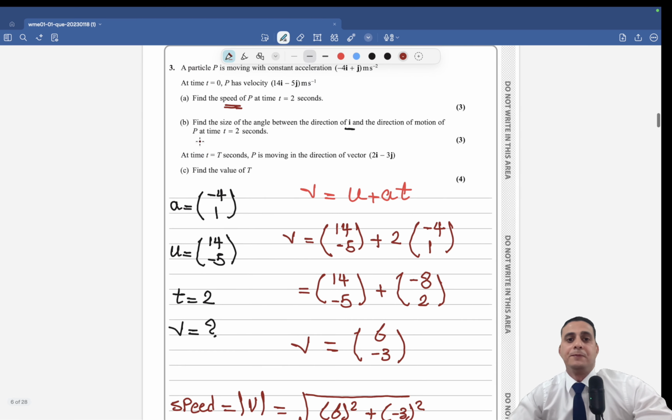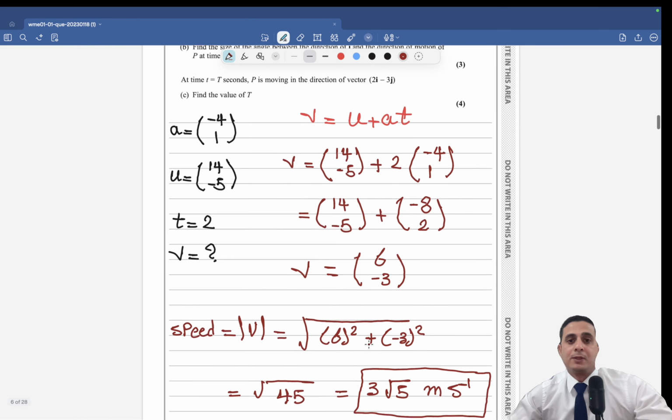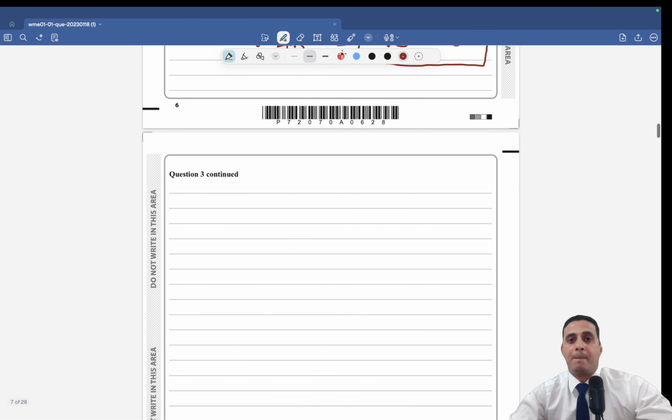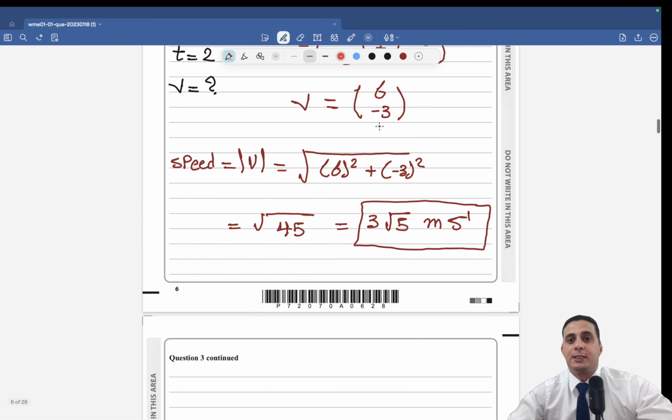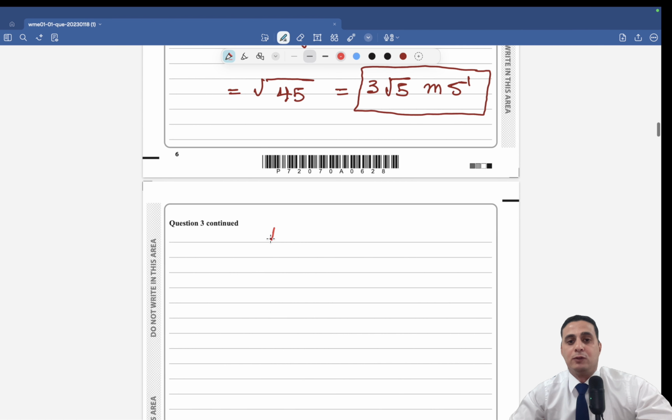Let's go for part B. The question is asking to find the size of the angle between the direction of i and the direction of motion of P at t equals 2 seconds. The direction of motion of the particle is the direction of the velocity, which means I need to find the angle between i and that vector. We know that our velocity is 6 and negative 3, so our velocity is 6i minus 3j.